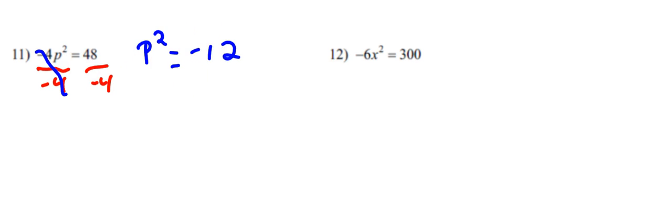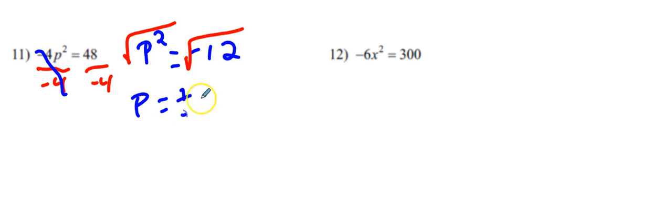This is where we take square roots. And we end up with the square root of p squared is p equals plus or minus root negative 12. Now we have this negative under the root, which means we're going to have to pull that out separately.